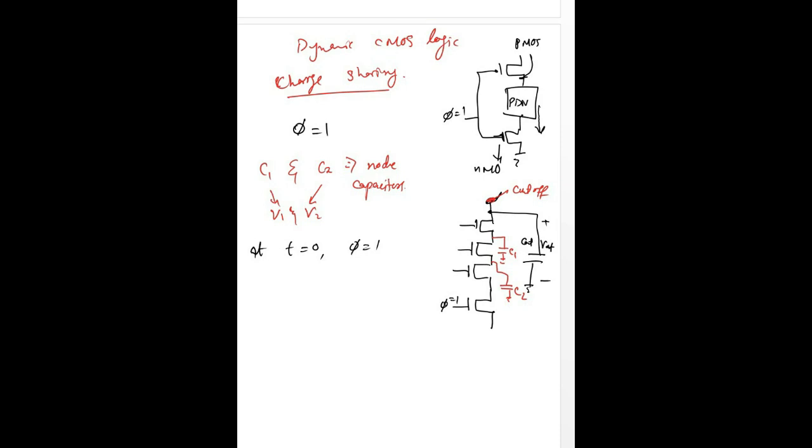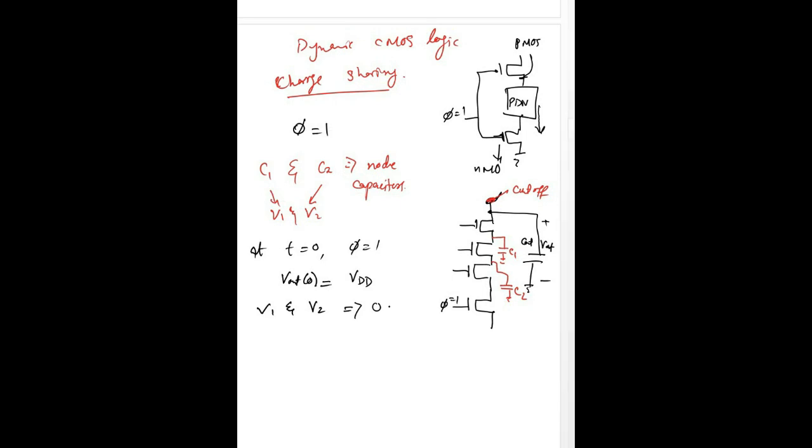So we can assume at time t is equal to 0, Vout of 0 is charged at VDD. We are assuming that it is charged at maximum value, and we also assume the voltages V1 and V2 are 0. They are not charged.